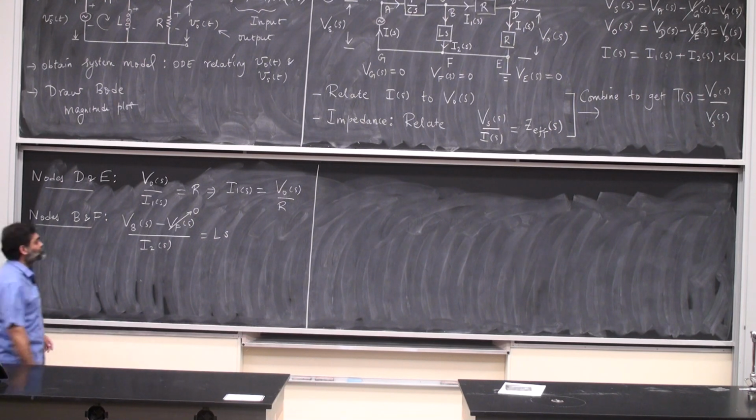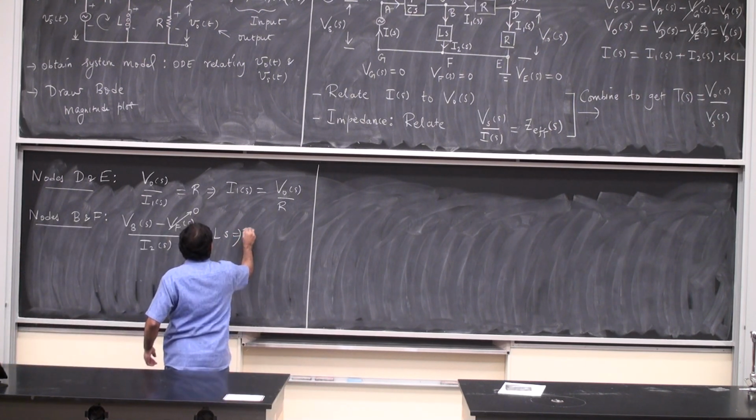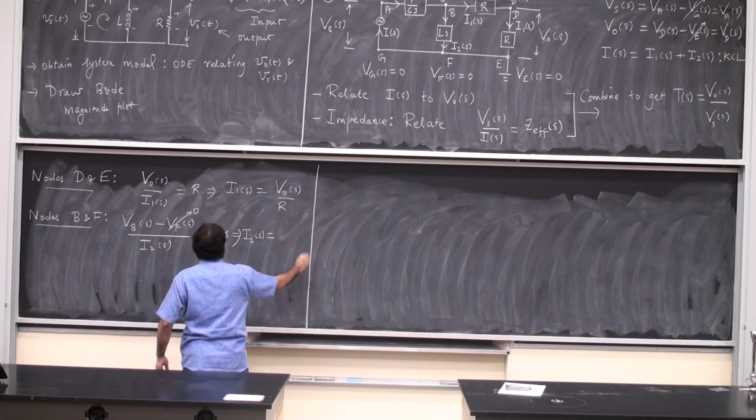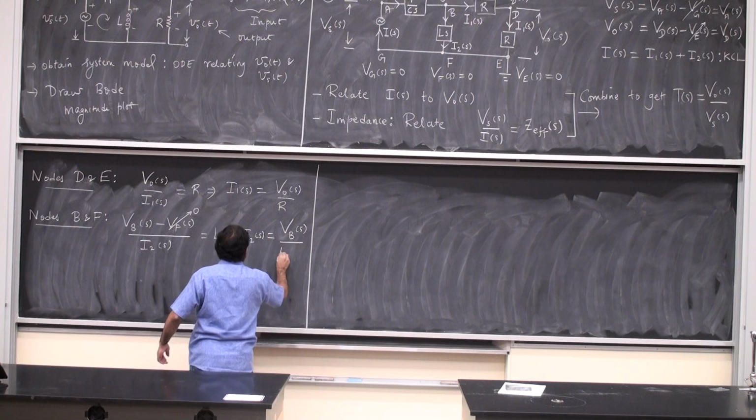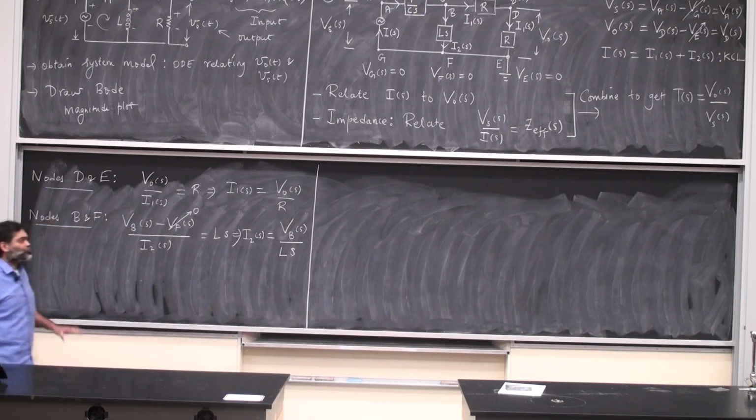So I2 of S is VB of S by LS. Okay, so two equations.